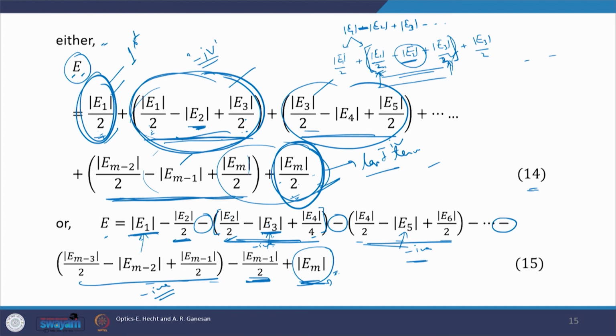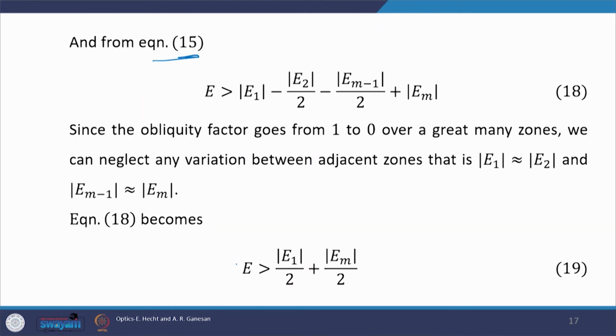Now, if you develop a relation between E, the total resultant field, and these four terms which do not have any bracket, then we will get this relation. E is larger than E1 minus mod of E2 by 2 minus mod of EM minus 1 by 2 plus mod of EM.